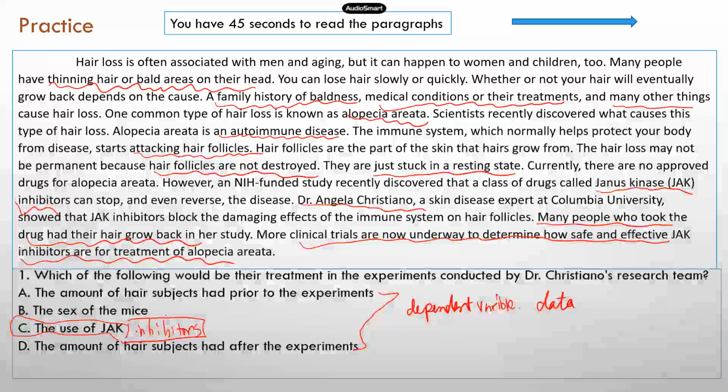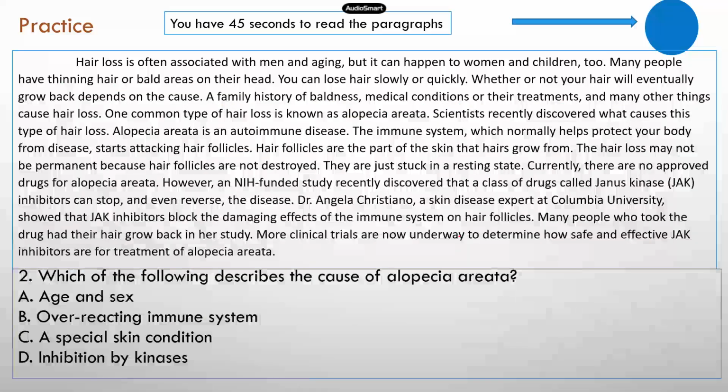And B, the sex of the mice, that's not relevant, right? Their research uses real people because it says many people who took the drug had their hair grow back. So the test subjects are humans and not mice. Okay, so that's question 1, and this is question 2.